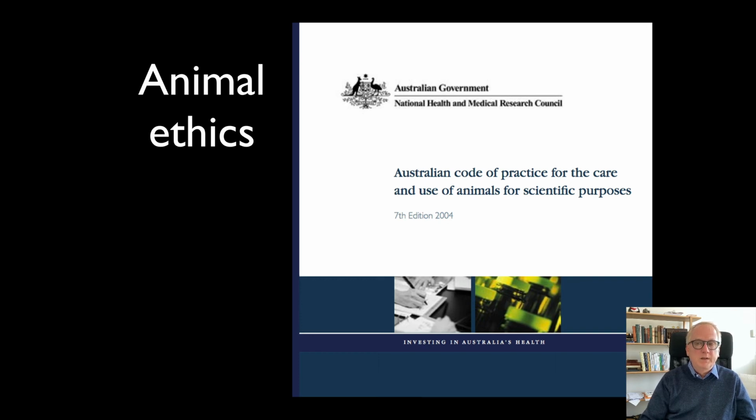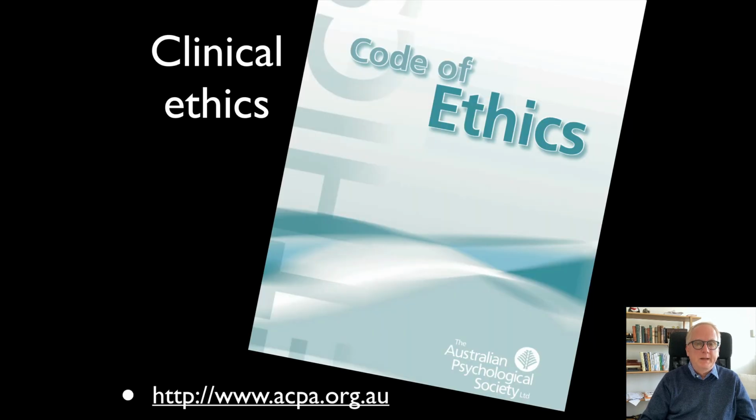I'll mention there's one other kind of ethics that you'll hear more about later on if you decide to become a professional psychologist, and that would be clinical ethics, or a code of ethics about how you should practice as a professional. So this isn't really about research. This is more about how, as a registered clinical psychologist, for example, you should follow a particular set of ethical guidelines.